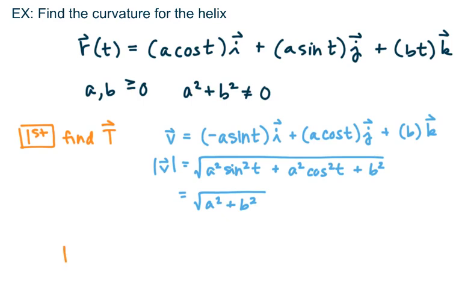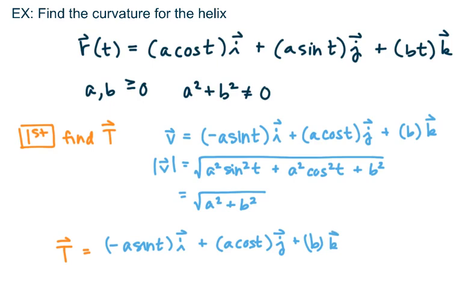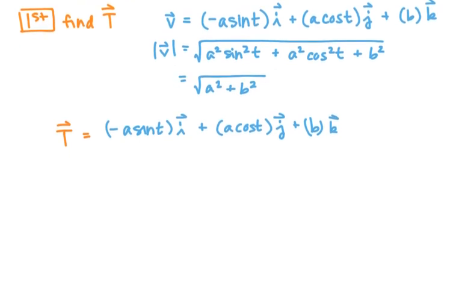That means T, my tangent vector, is negative a sine t i plus a cosine t j plus b times k, and all of these terms are then divided by the square root of a squared plus b squared.